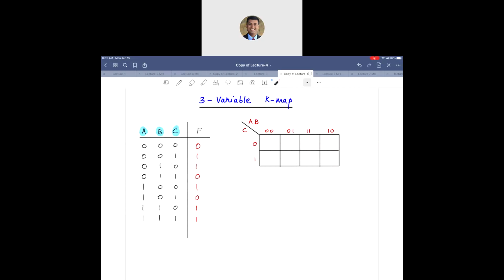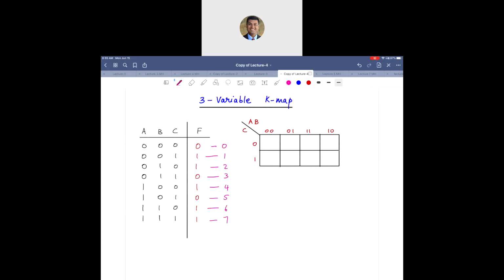All right, so let's come back to the pattern question I said. What I'll do is I will number these as 0, 1, 2, 3, 4, 5, 6, and 7.